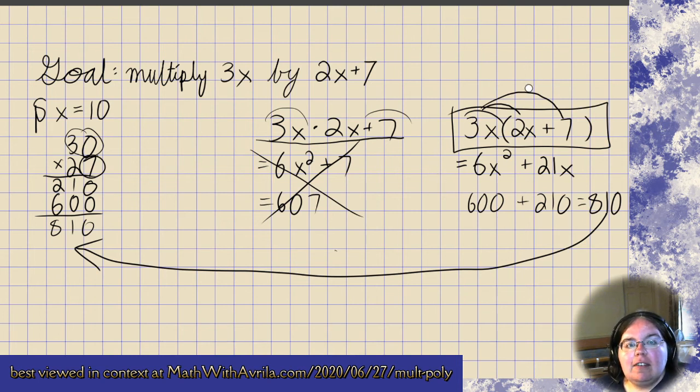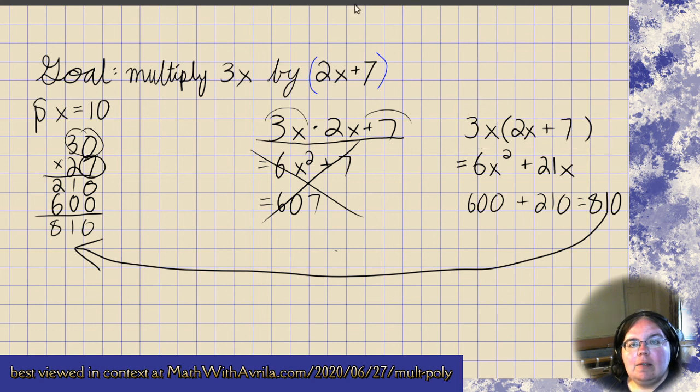So just to sum this up, the best way to go about this problem is going to be to say, okay, let's put parentheses around anything that has terms, and then distribute the monomial across it, using the distributive property, and that will give us the product that we need. So our answer to this problem would be really this right here, 6x squared plus 21x.